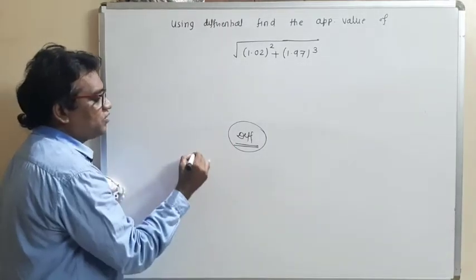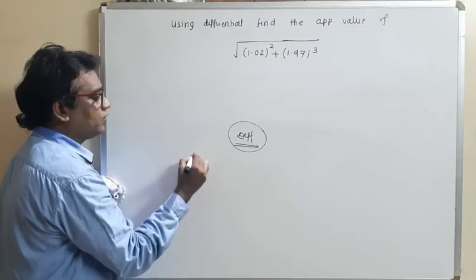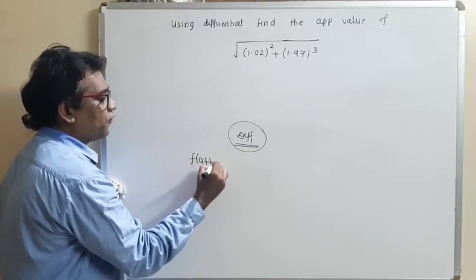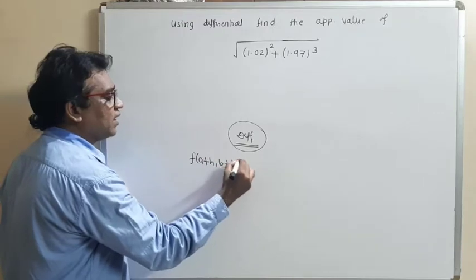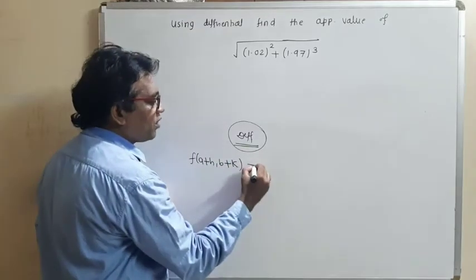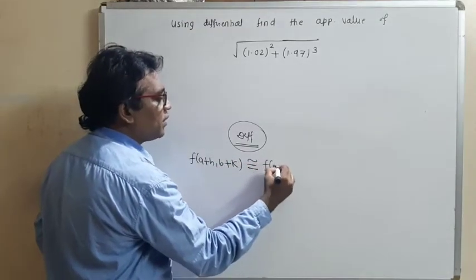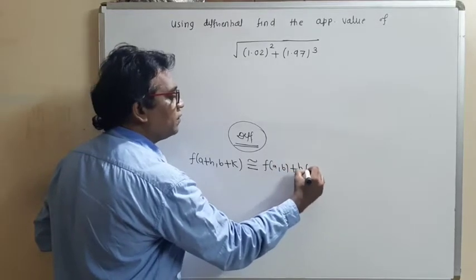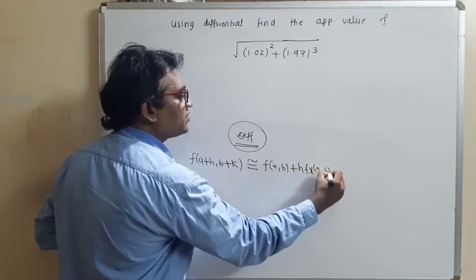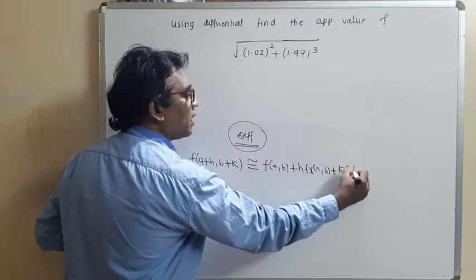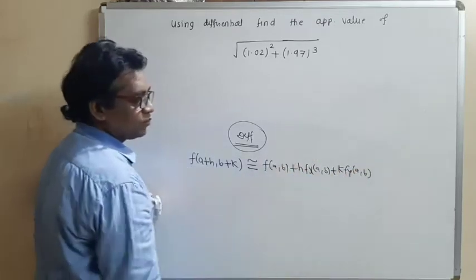This differential formula is f of a plus h, b plus k. This approximate value is given by f of ab plus h fx at ab plus k fy at ab.